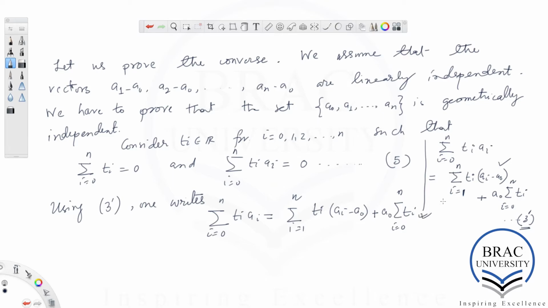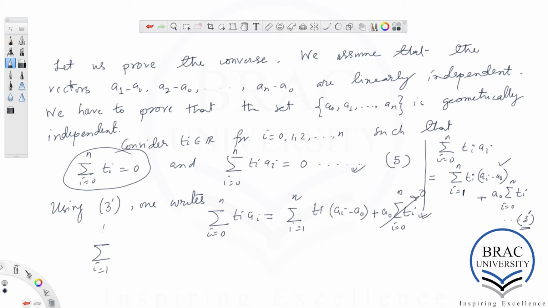Using this equation and 5, one immediately concludes that this goes away, right? Because the sum over all ti's is identically equal to 0, and we are left with this one, and since the left side is 0, this is also 0.